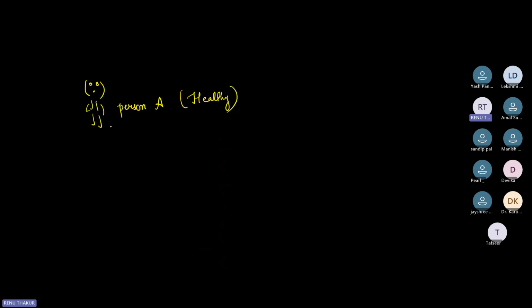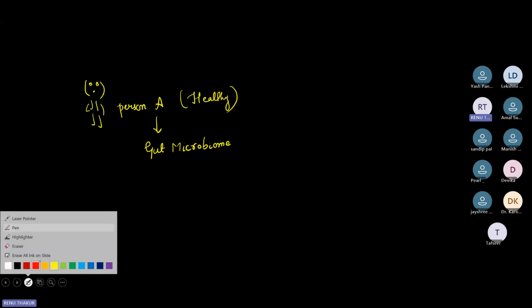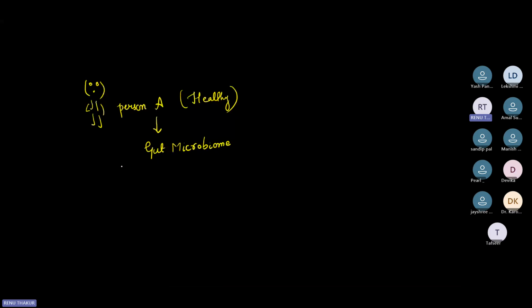If you analyze the gut microbiome of this person, so for analysis, what are the different kinds of techniques we have in molecular biology so that we can analyze the different composition of the microorganisms residing in the gut of this person A?